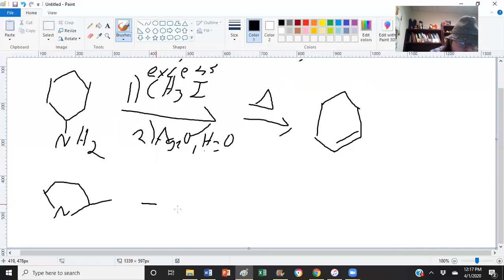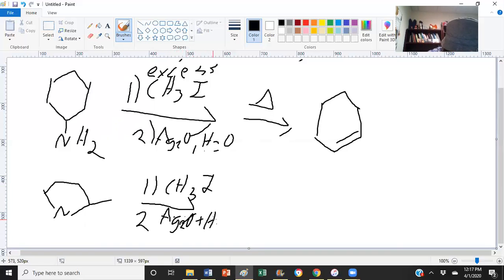Same steps, step 1, step 2. But we have something a little bit different. Step 1, the methyl iodide. Step 2, silver oxide and water. And something a little bit different.